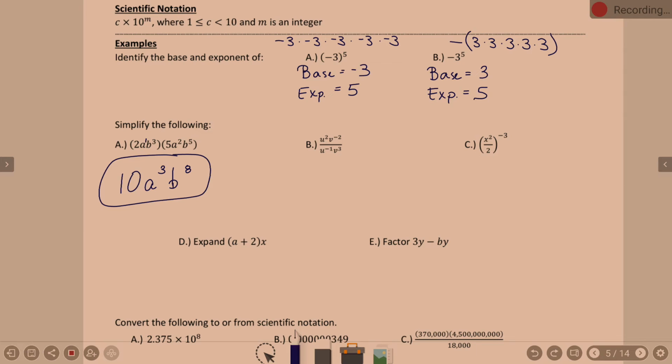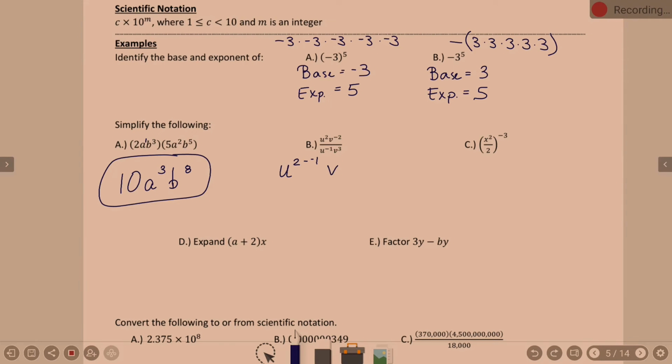So one option, when you have powers or bases on top and bottom, the shortcut is to keep the base and subtract the powers, yes? So one option to think about here is the u. If we look at u's, there's a 2 on top, a negative 1 on bottom. So 2 minus negative 1.